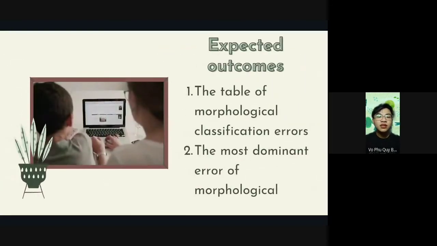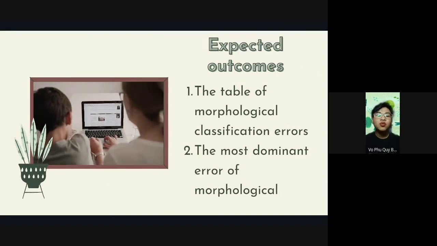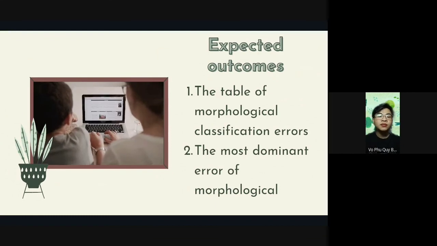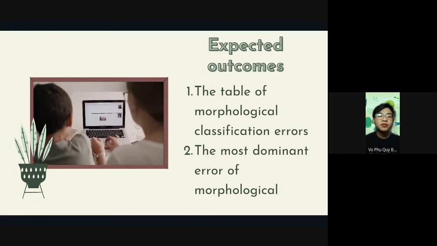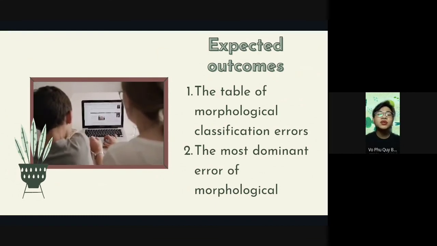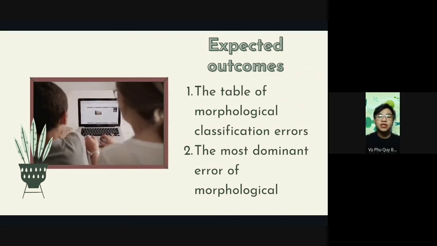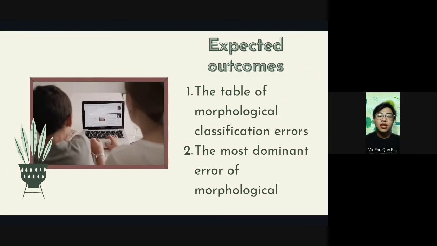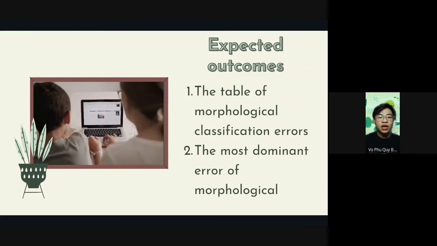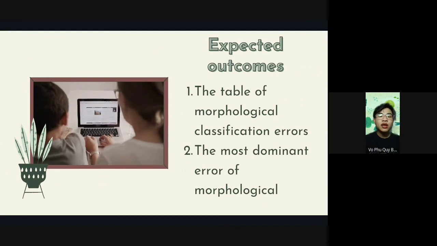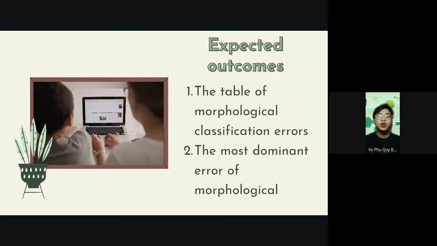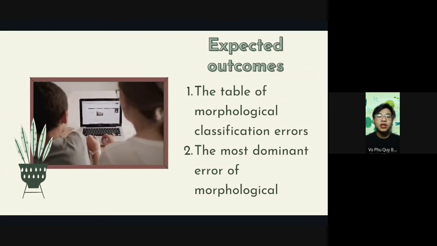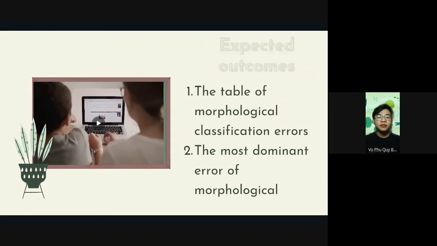The main findings in my research will be the tables of the morphological errors of the third year English major students at Cantor University, namely addition, omission, misselection, and misordering, and from that I will discover the prominent errors they made in academic writing.